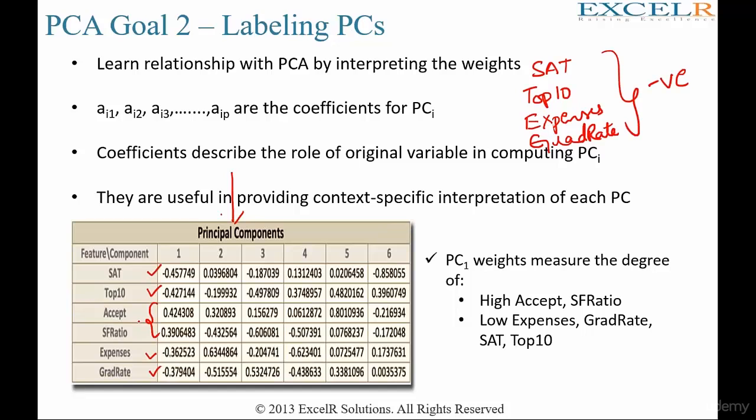What are positive? Acceptance and student faculty ratio. These two are positive. What does that mean? What does that indicate?